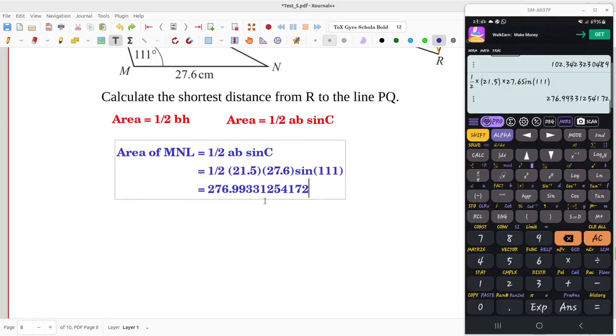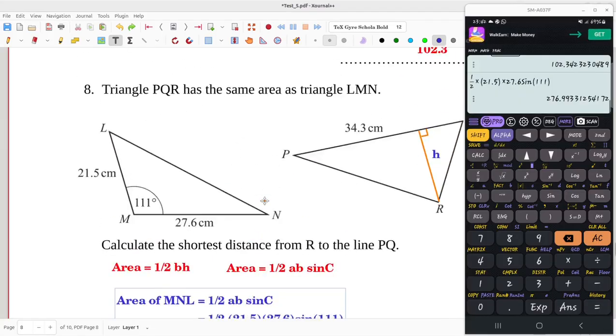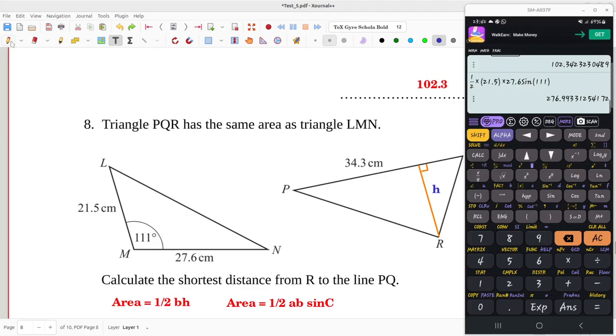That's not our interest. And then we are told from the statement there that the triangle PQR has the same area as the triangle MLN.